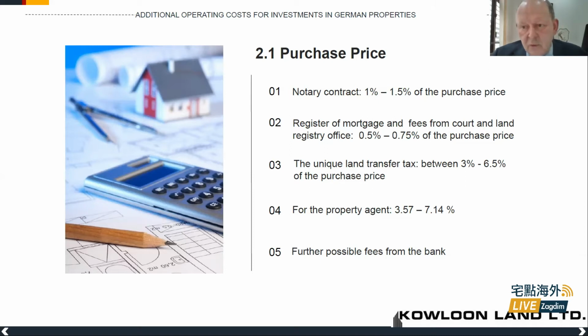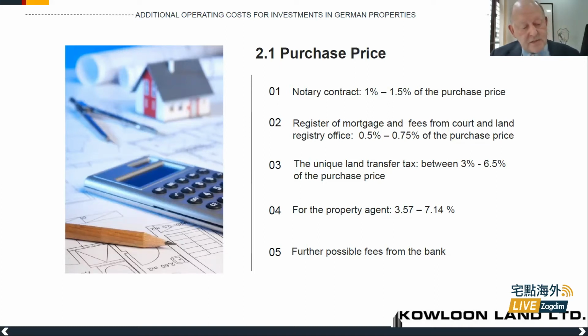And in the meanwhile, you have a lot of regulations which stay between 3% and 6.5% of the purchase price. The difference is really drastic between the areas in Germany.